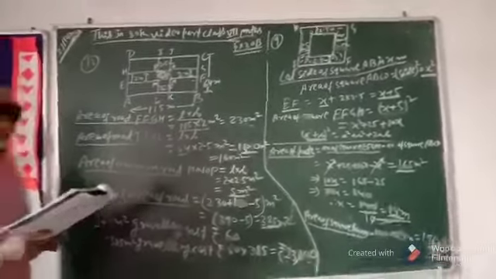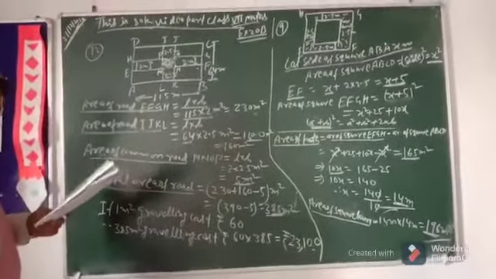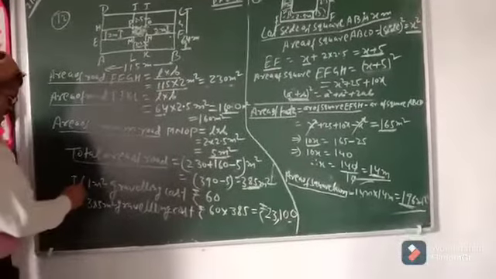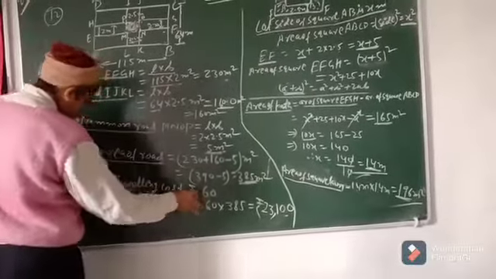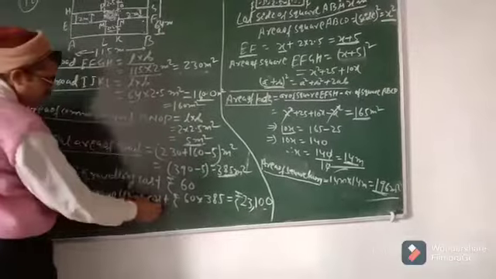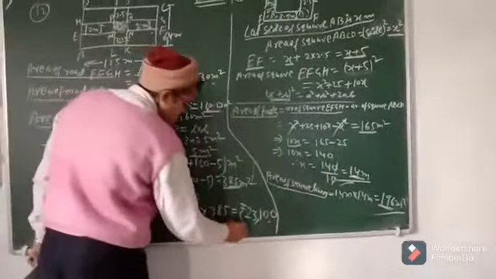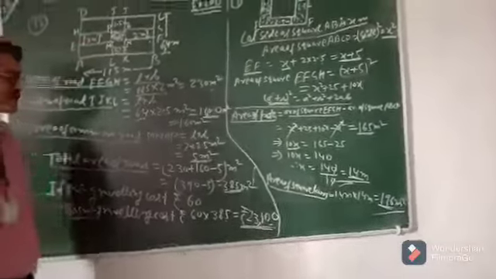Now this is the area of the road. Find the cost of graveling of the road at 60 per meter square. Here given, if 1 meter square graveling cost is 60, therefore 385 meter square graveling cost is equal to 60 into 385. So we get Rs 23,100.